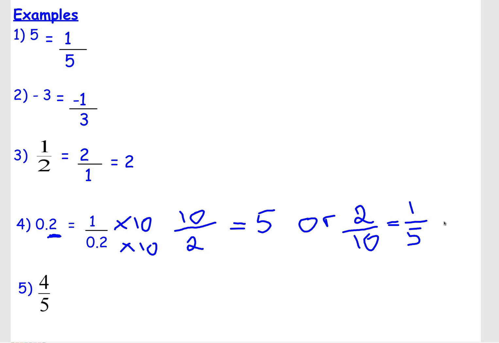Once we've got it as a fraction, remember to find the reciprocal, we simply flip it. So 1/5 would become 5 over 1, which is equal to 5, as 5 divided by 1 is equal to 5. Anything divided by 1 is just the value that it is.